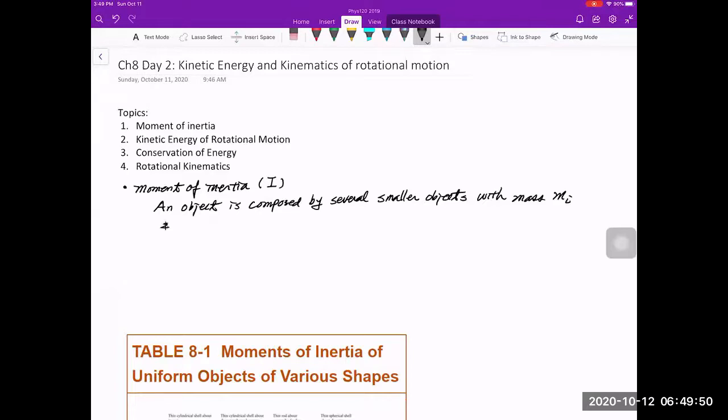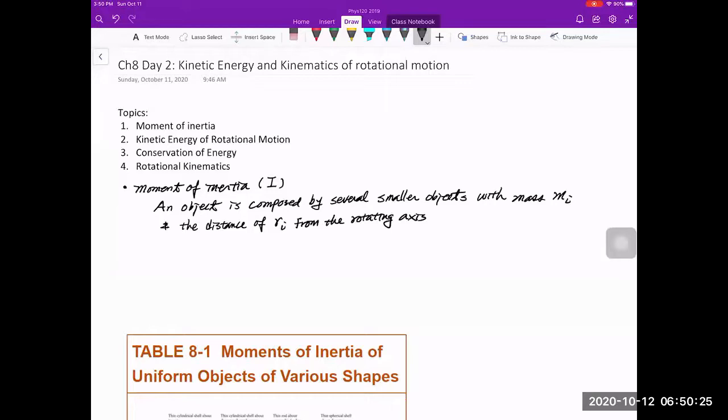And they are rotated, and you have a fixed axis to describe how the things are rotating around.